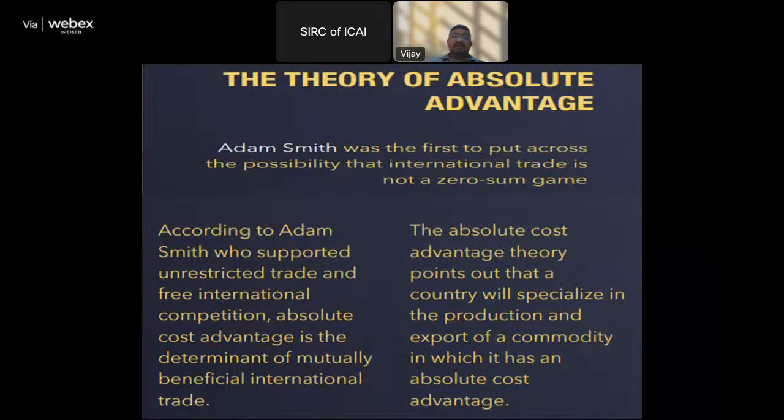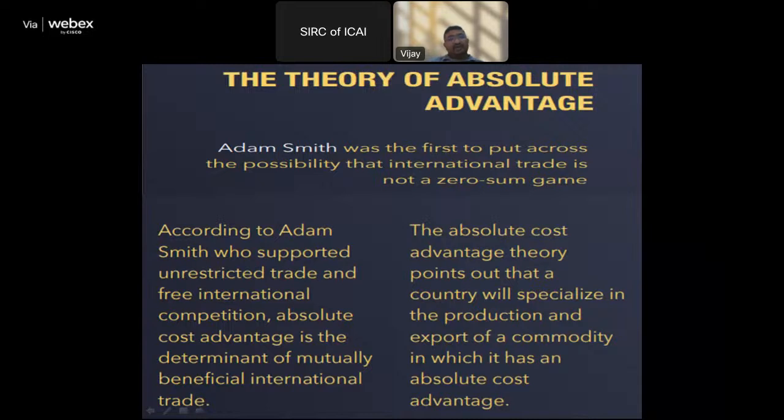But then Adam Smith, father of economics, came out with the view that there will be some advantage on account of international trade. International trade will not amount to a zero-sum game; there is the possibility of gain in international trade.